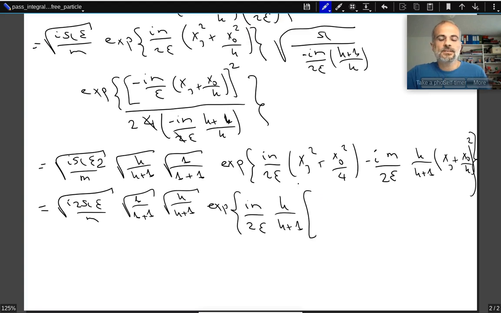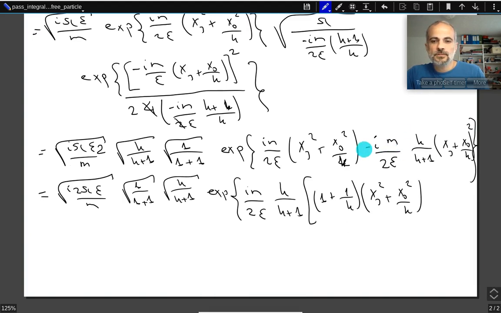So inside what is left is k plus 1 over k, or 1 plus 1 over k, times x3 squared plus x0 squared over k. And then from this term there's a minus sign, minus x3 squared plus x0 squared over k squared plus twice x0 x3.